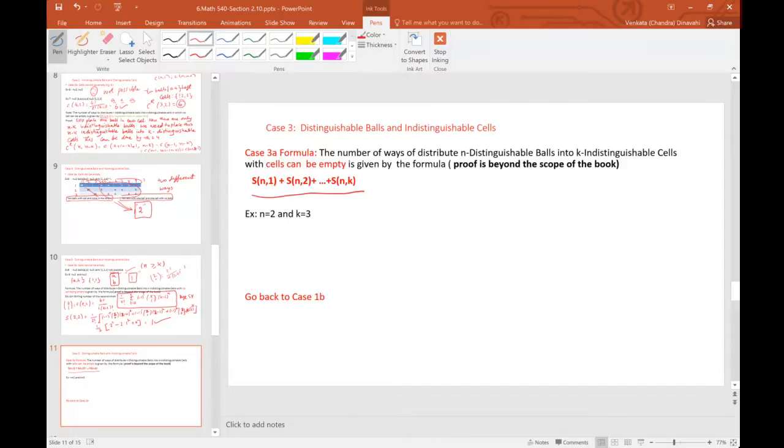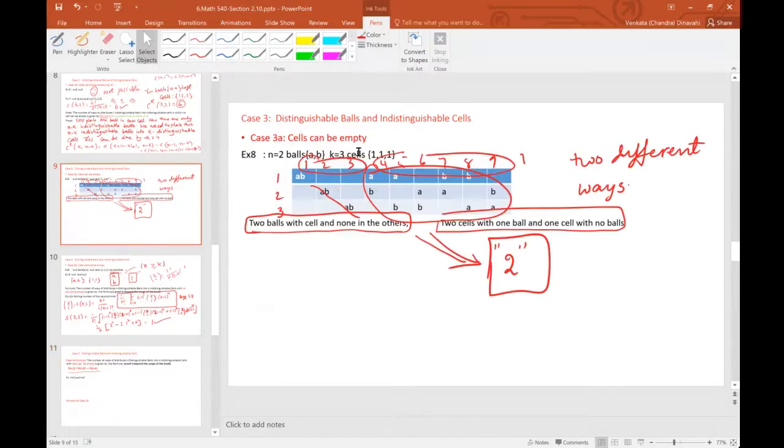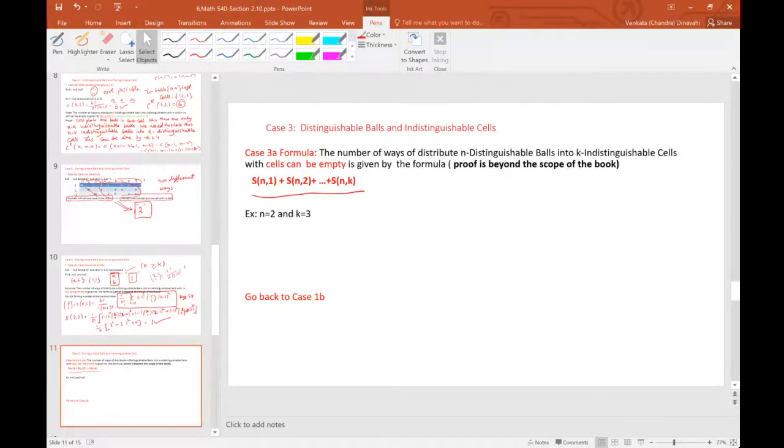You will get this. So for example, when n equals 2 and k equals 3, the number of ways I can do that, in this case we already got from the previous example as 2 different ways. If you want to use the formula, that is simply going to be S of n,1 plus S of n,2, and you go up to S of n,k, k is going to be 3.